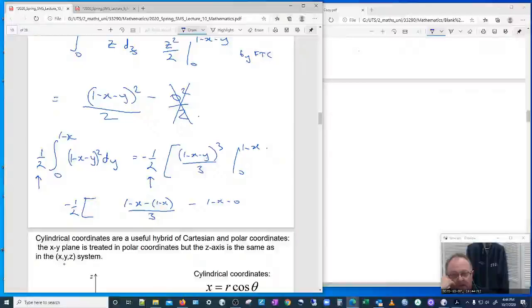That should have been cubed. And that can be cubed. And the 3 can be taken out too, can't it? I think the 3 can be taken out. Okay, so I'm going to have to continue on the next page because I think I've run out of space.